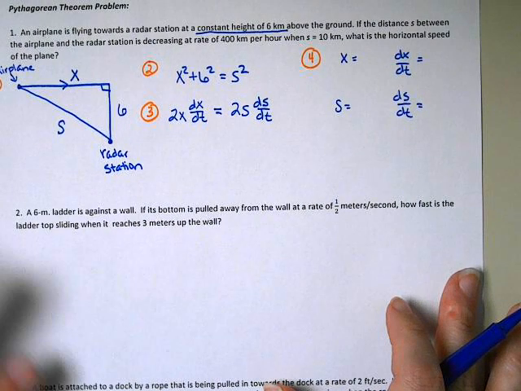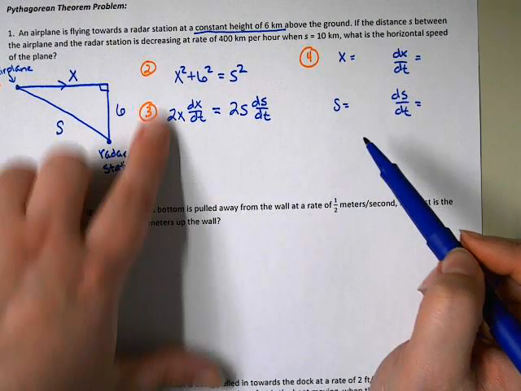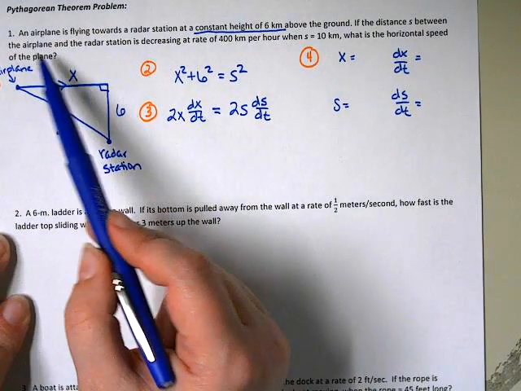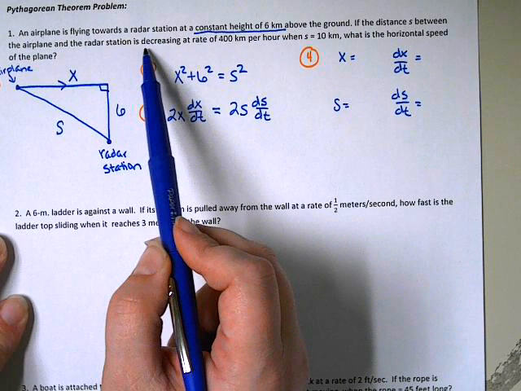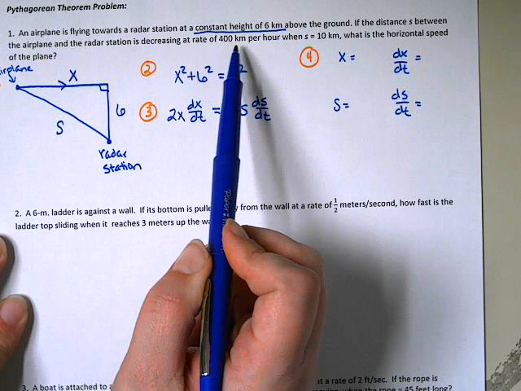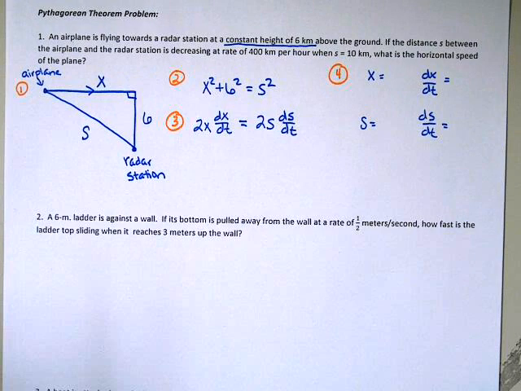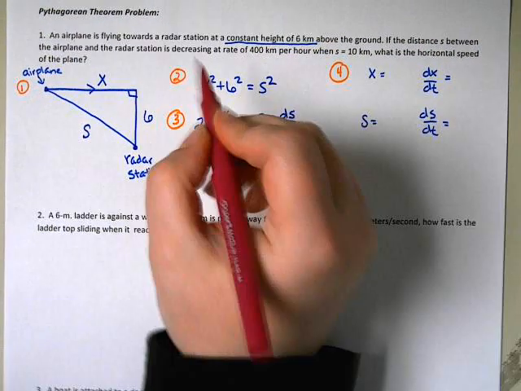So when we take a look here, let's see what we do know. The distance s between the airplane and the radar station is decreasing at a rate of 400 kilometers per hour. First of all, I want to point out the fact that it says it is decreasing.